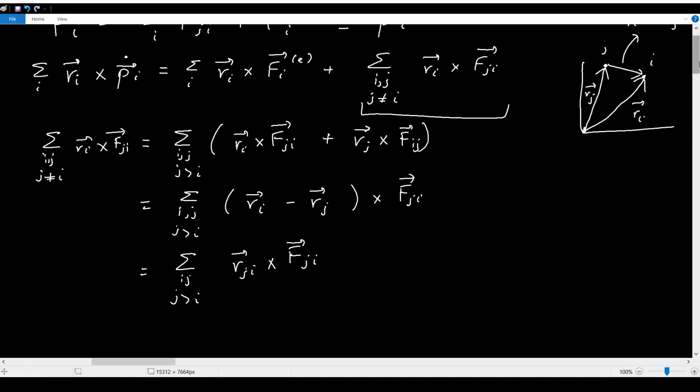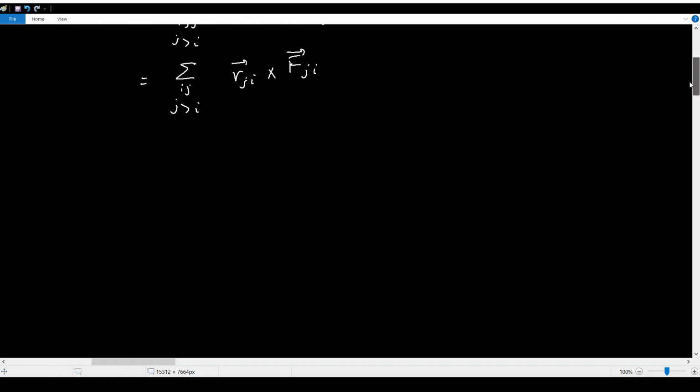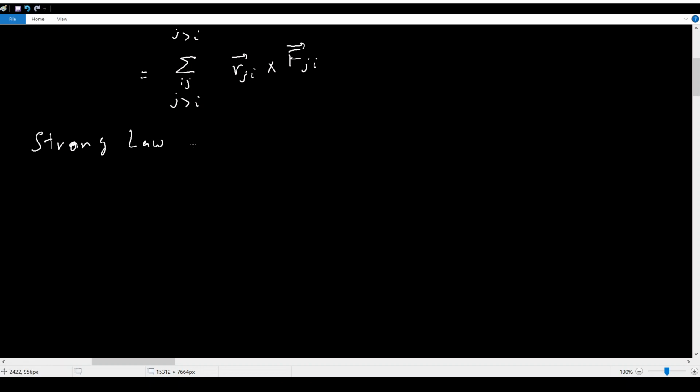And we're going to make this assumption. So this is a stronger assumption than the one we made before. This is called the strong law of action and reaction. So to go further, we are making this assumption, and this of course isn't true for all forces, but it is true for a lot of them.